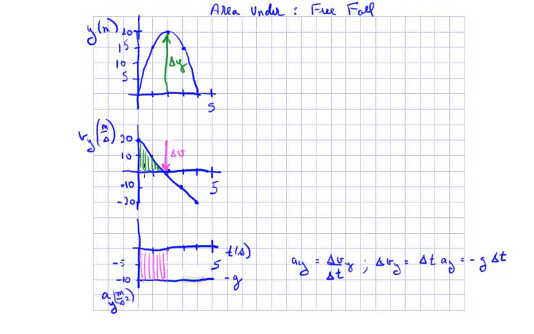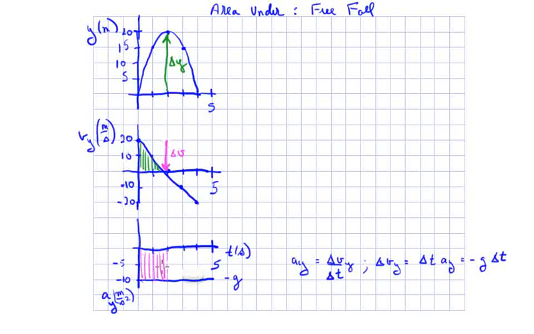0 to 2 seconds, what we would do is go down to the a versus t plot and find the area, which is this area right here, which you can see is 2 times minus 10, so minus 20. So that means that since the area under the a versus t is minus 20 meters per second, 2 seconds times minus 10 meters per second gives minus 20 meters per second.